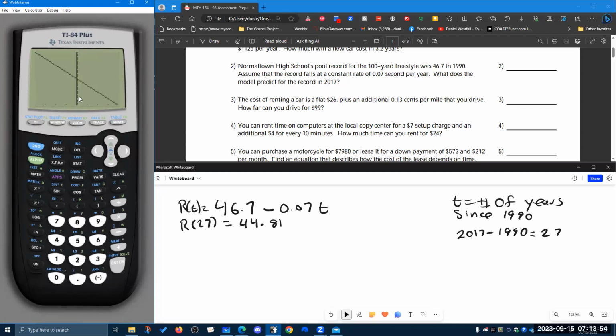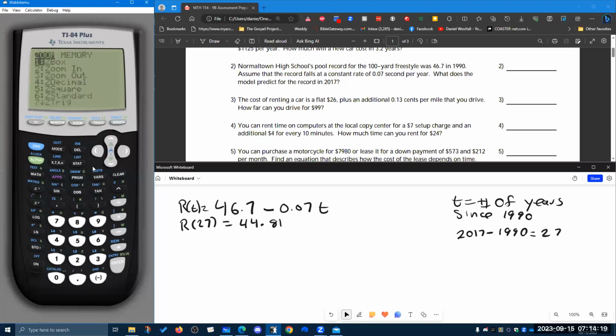So first thing is the model takes into account this idea of negative time, which doesn't really exist, but we could project backwards and we could say, okay, if this is what happened in 1990 when t equals 0, what was it back in 1980?